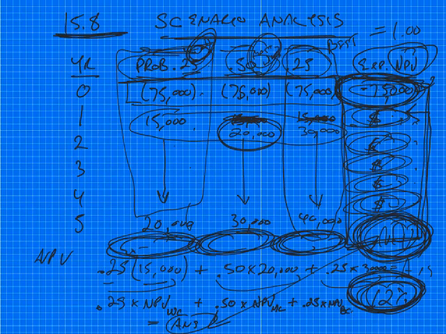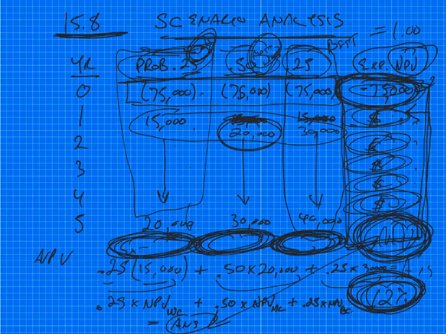Again, a little plug and chug, but not too terribly difficult. And the other key is that you're going to want to use whatever you've got down here for the net present values for each one of these individual cases.